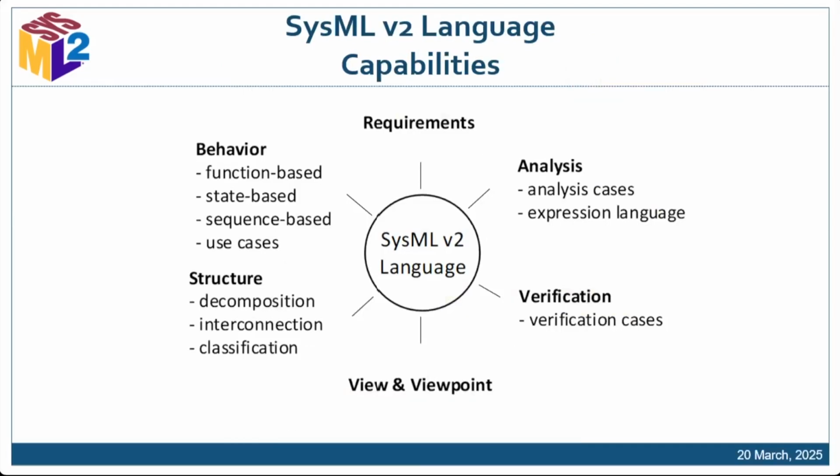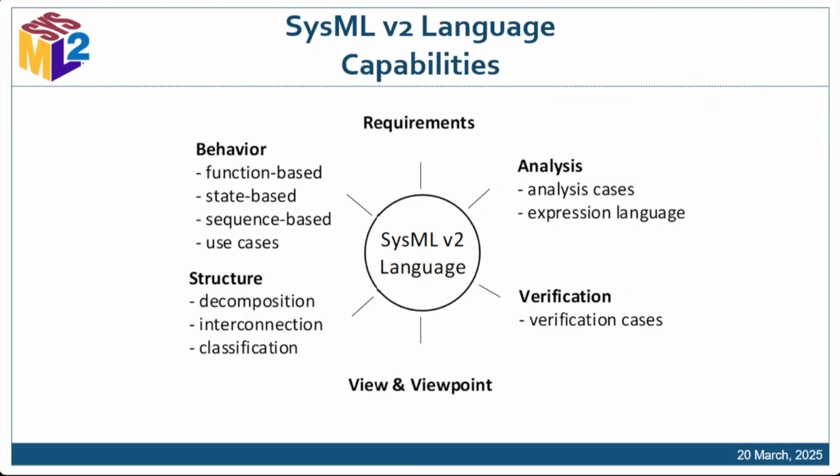As far as the basic language capabilities, this slide looks similar to what we would call in v1 the 4 pillars slide. Some of you are probably familiar with that. There's a lot of differences, particularly one level down from what you're looking at here. But right off the bat, for example, the behavior and the structure are very nicely integrated. The different structural aspects like actions and states are highly integrated. They're more precise.